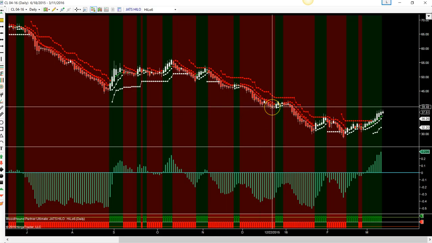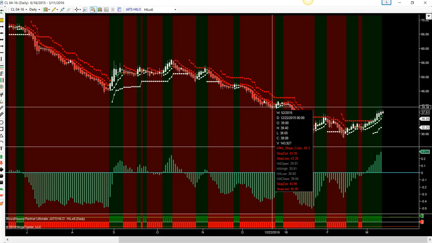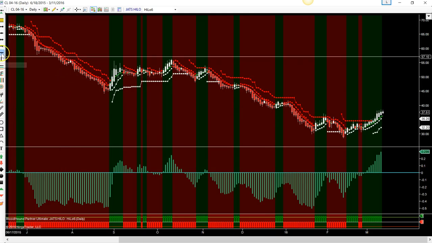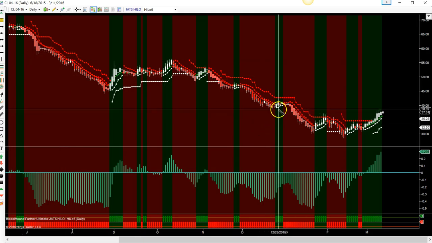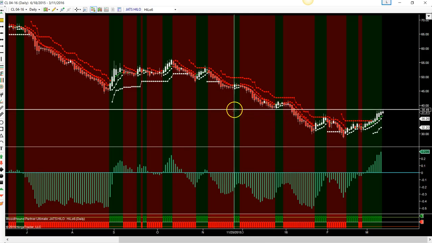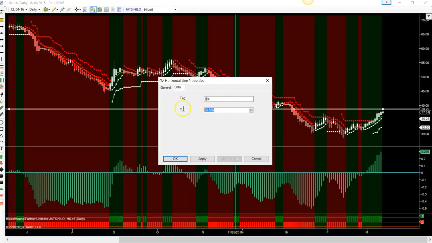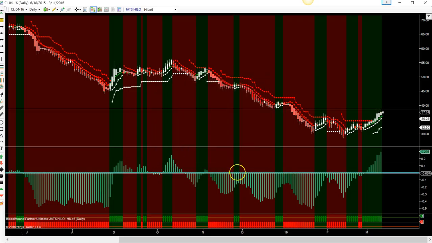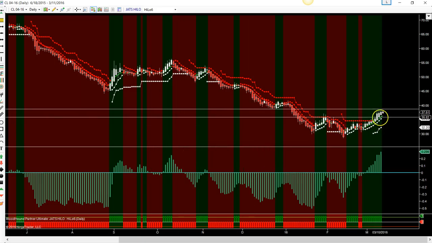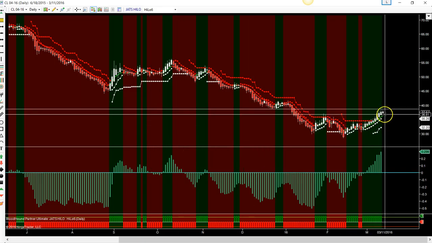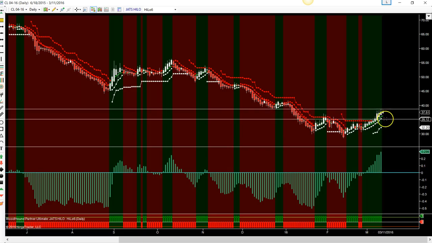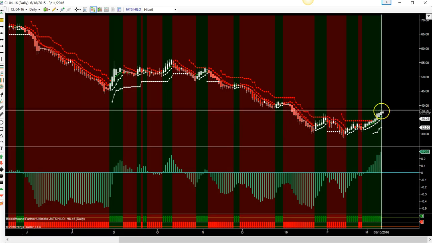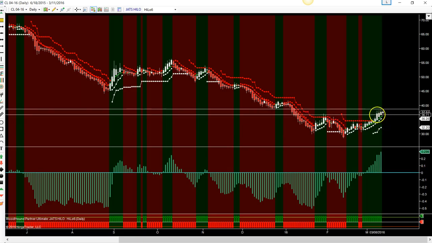So if I put my horizontal line on my chart, I can click my line, right click the properties and make it exactly 38.65. And you can see that we've hit that line and we're coming back ever so slightly.